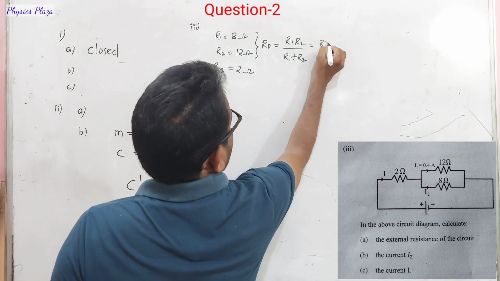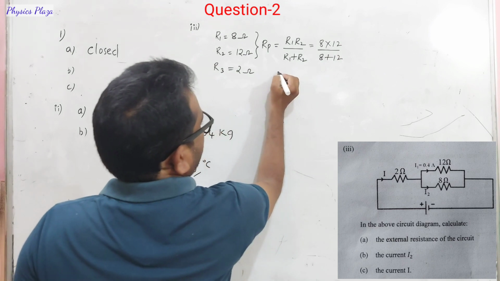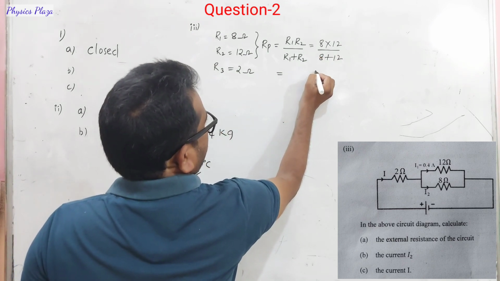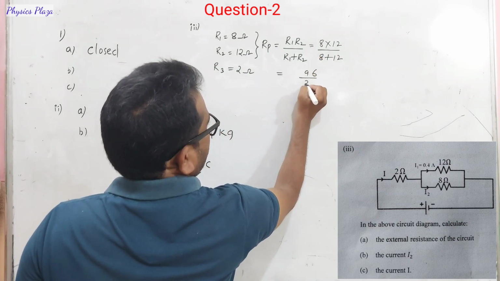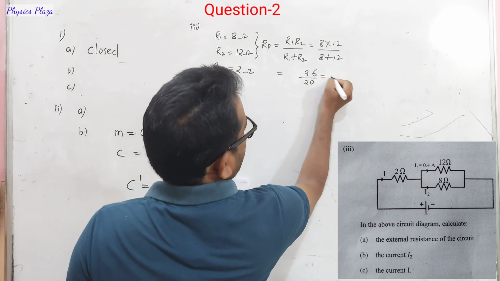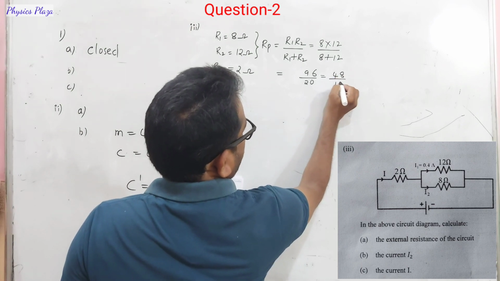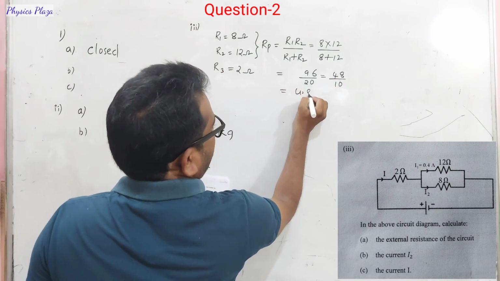So it is 8 into 12 by 8 plus 12, which is 96 by 20. So it will be 4.8 ohm.